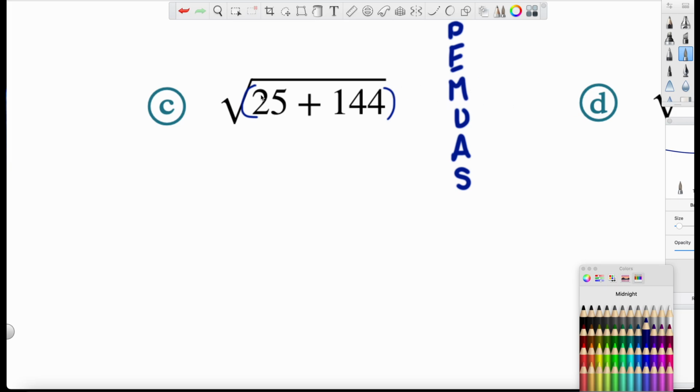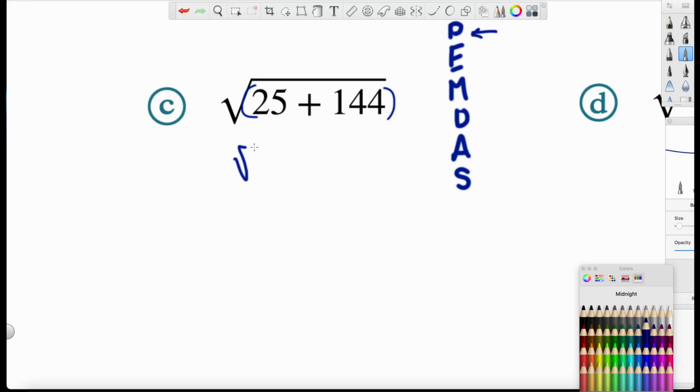So let's not take the square root of 25 and 144 separately. We must add these things first because it's in the parentheses. You would think that we do the exponent and the radical first and then we add, but this is considered to be in parentheses.